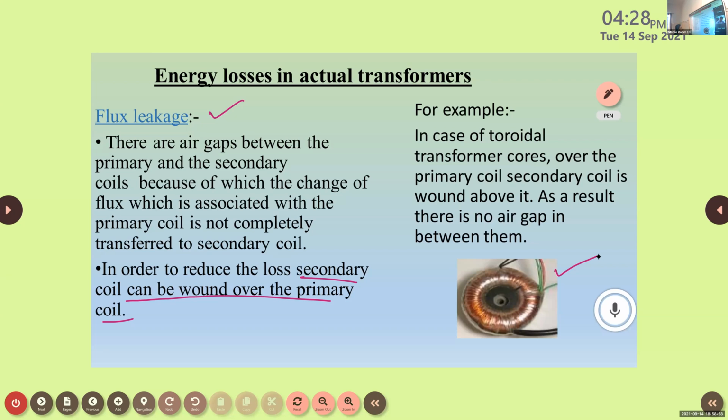So one method of energy loss that occurs in transformer is due to flux leakage. Try to write the names also, only the flux leakage. After that, we can explain it during the revision part.